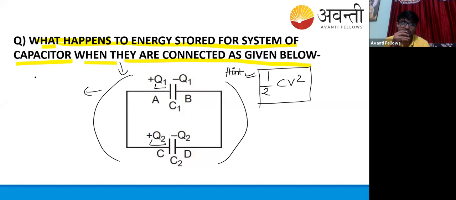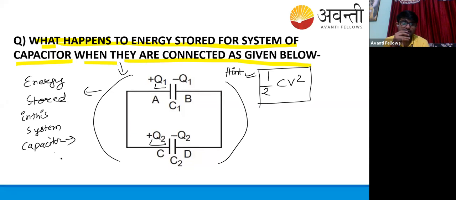Find the energy stored in this system of capacitors, say the initial energy. Finally, I told you the charges will be q1 dash and q2 dash. So finally, find the energy of the final system.